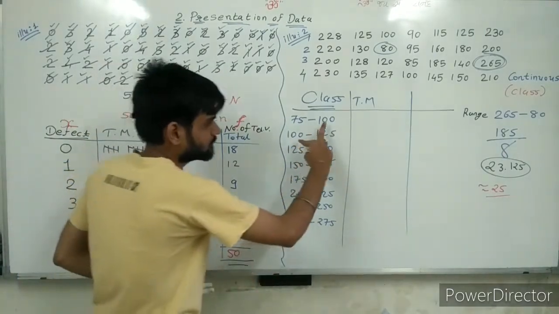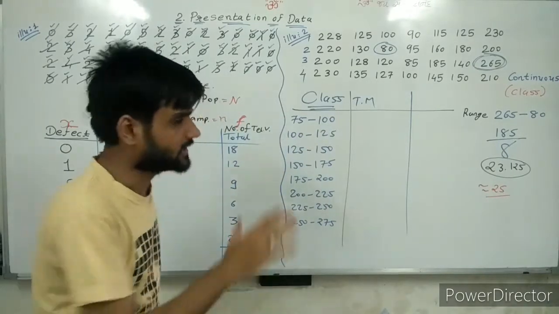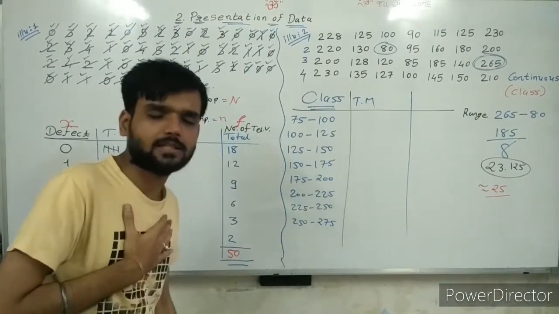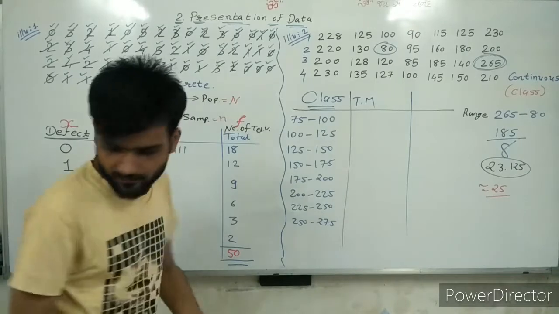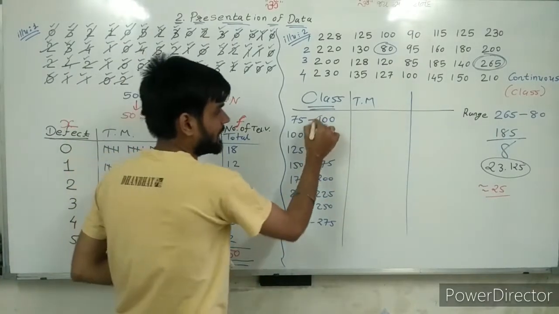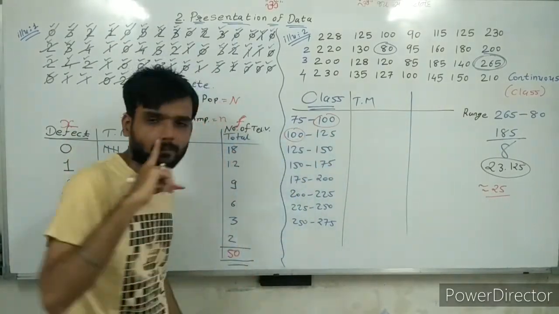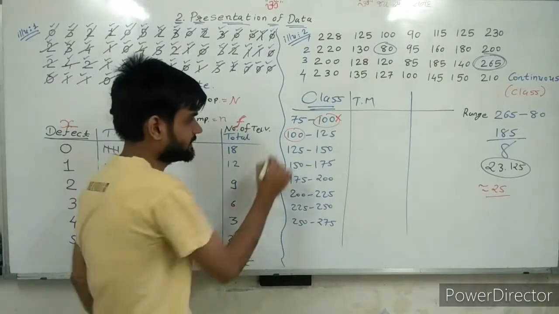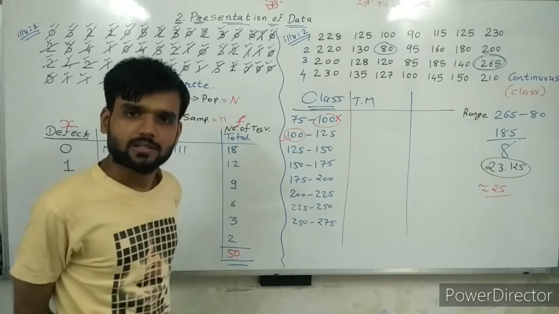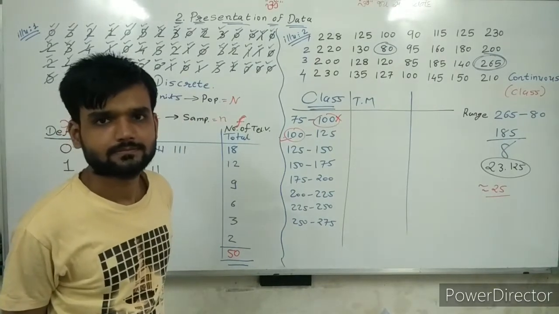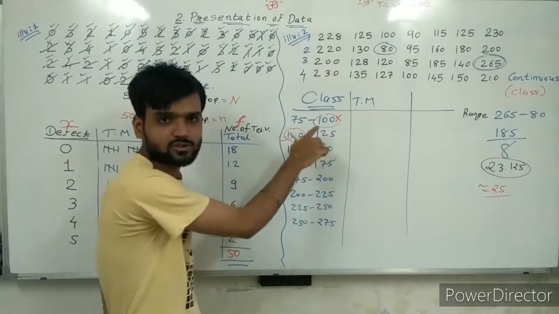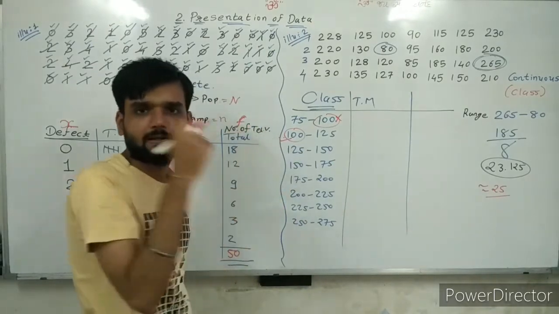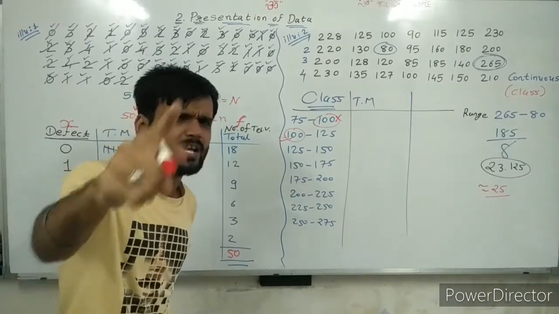Whenever these two values are the same, what is the name of these two, that we see later. But if these two values are same, then 100 is not here, 100 is here. Same way 125 is not here, 125 is here. So that is very important.